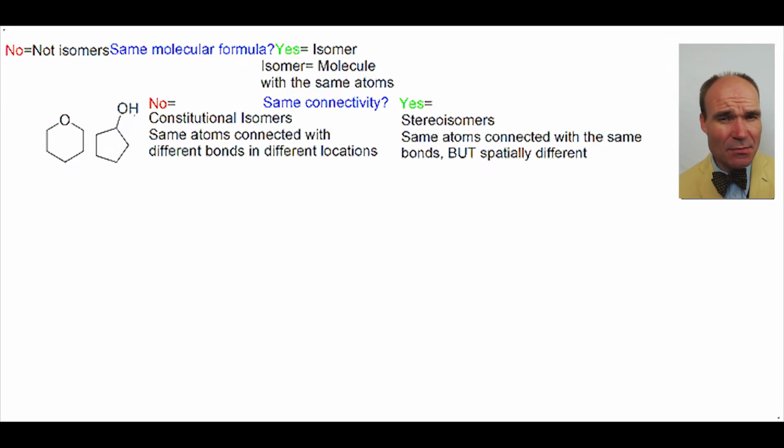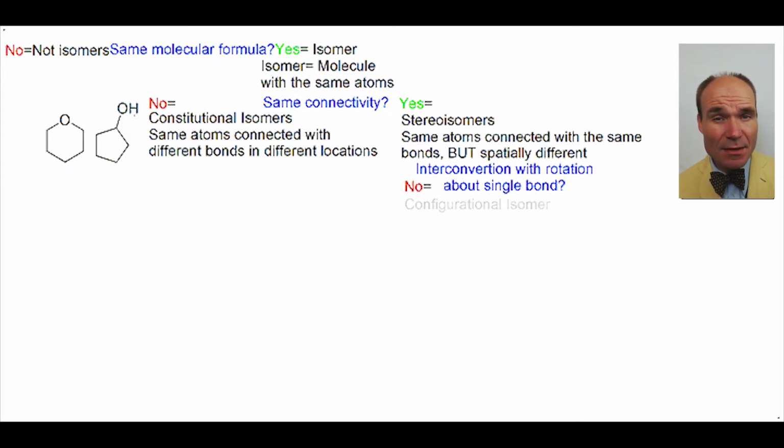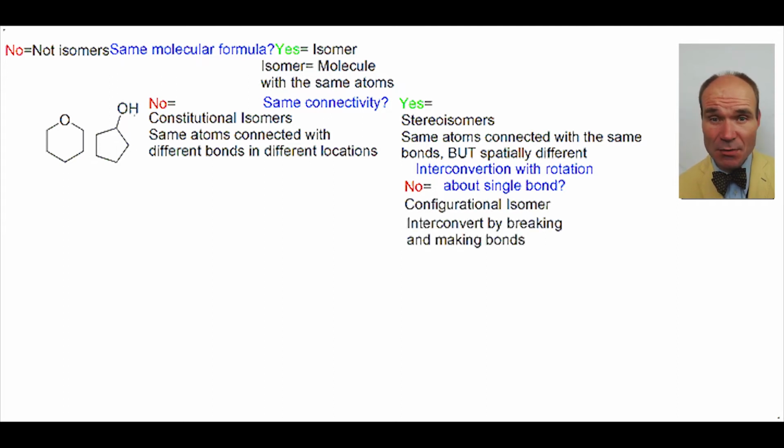With stereoisomers, we need to ask, can the molecules be interconverted by the rotation of a single bond? Where the answer is no, we're dealing with configurational isomers, where to interconvert between the isomers, bonds must be broken and formed. More on that in a minute. If the answer is yes, we're looking at conformational isomers.